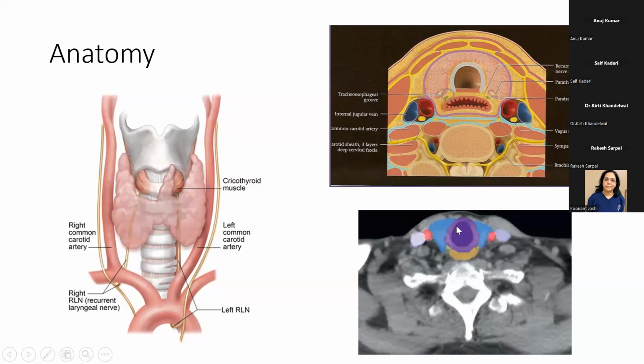We have the trachea, the carotid artery, the internal jugular vein, and posteriorly the esophagus. The thyroid gets its blood supply from the superior and the inferior thyroid arteries, and venous drainage from the superior, middle, and the inferior thyroid veins.